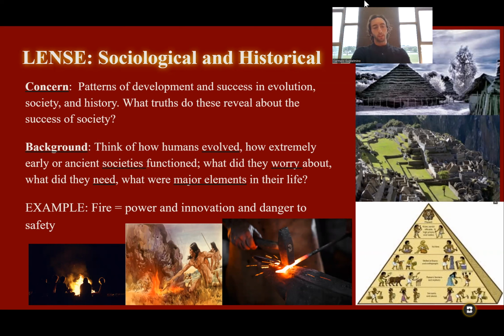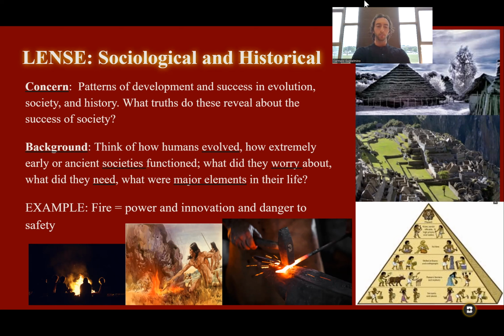Now, an example that I'm going to use for the major 5 lenses here is a symbol that we discussed in the last video, which is the symbol of fire. How could we interpret the symbol of fire through a sociological and historical lens? Well, I've given you some possible interpretations here.